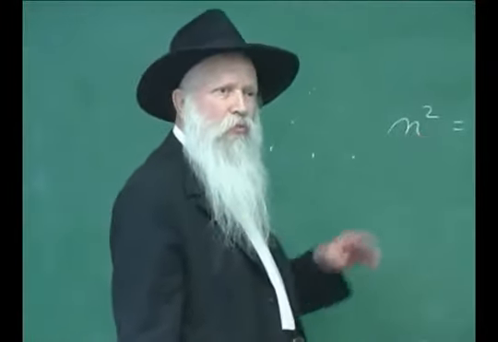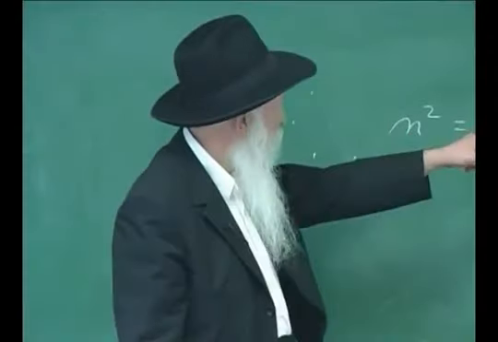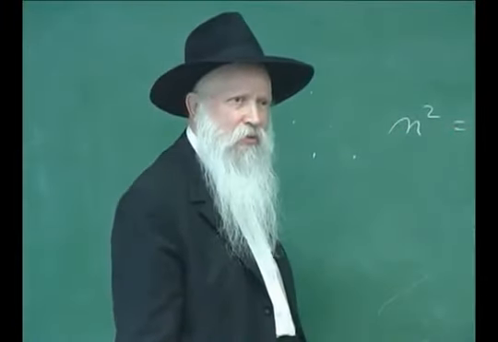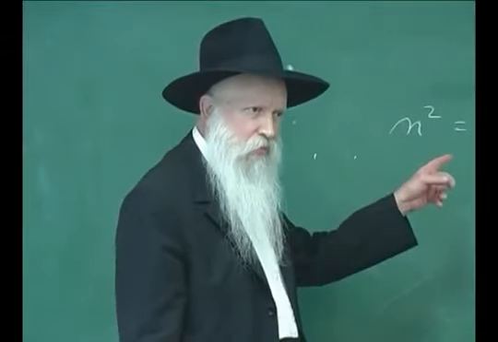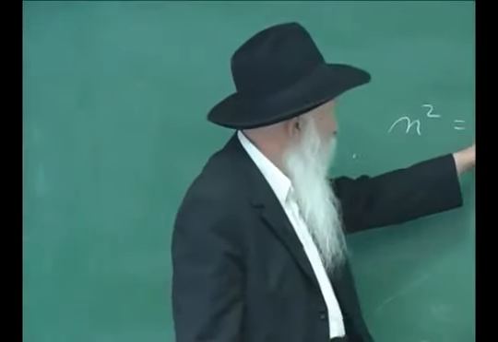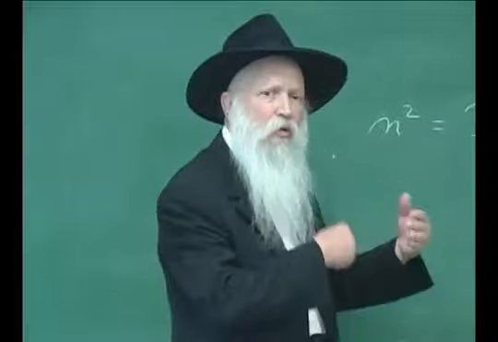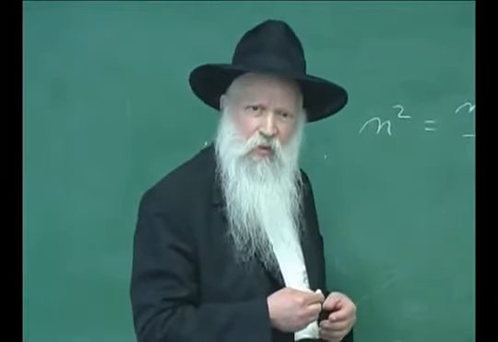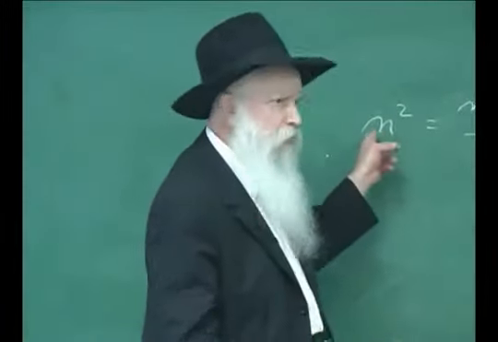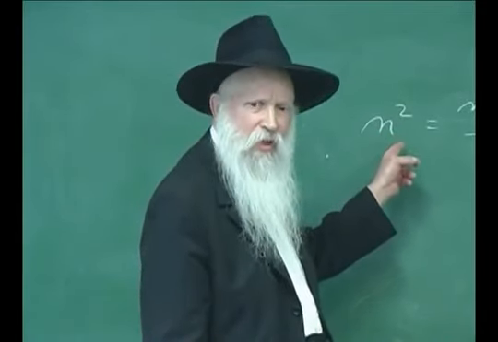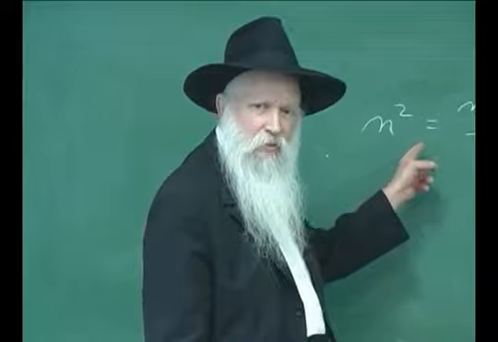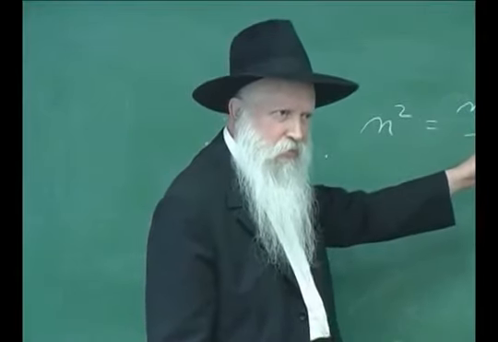If it's true what we just said, we have to see that this is an equation, an identity. Do you know how to do this? Each one of these expressions has to be opened up, and then it all has to reduce to n squared. What is n squared? N squared is n times n. Do you kids know how to do this?